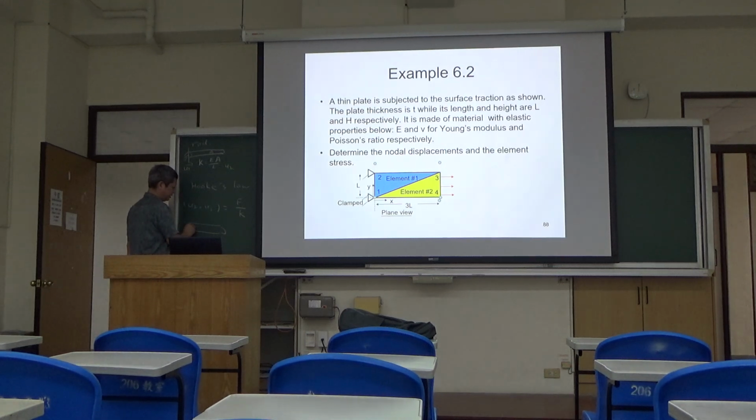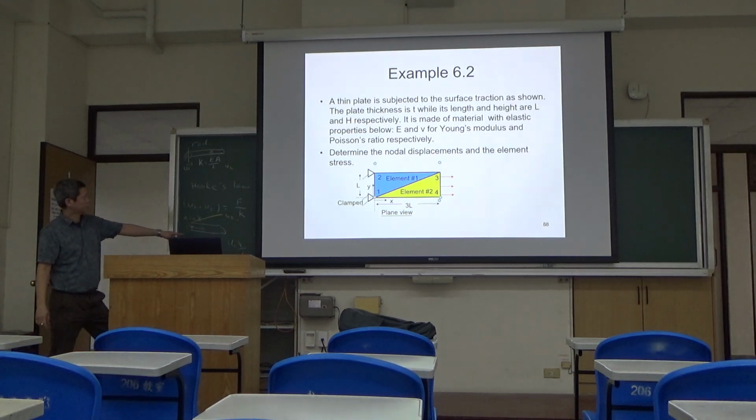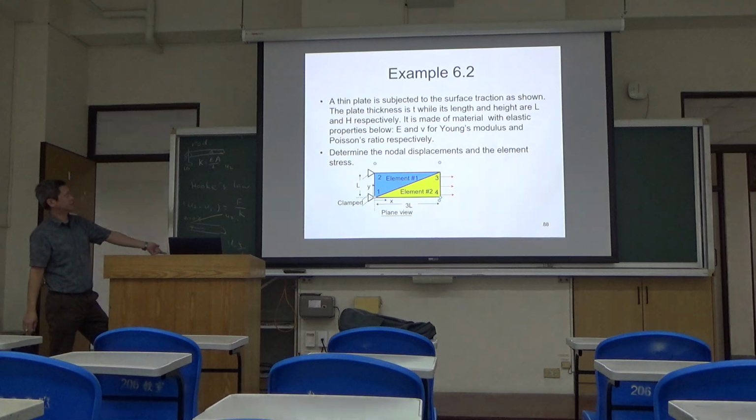How much is the deformation along the length? This is U2 x over L, so this is the deformation. And U1 is very little, almost zero, but it increases toward U2. So this is the first case where you learn about a shape function.